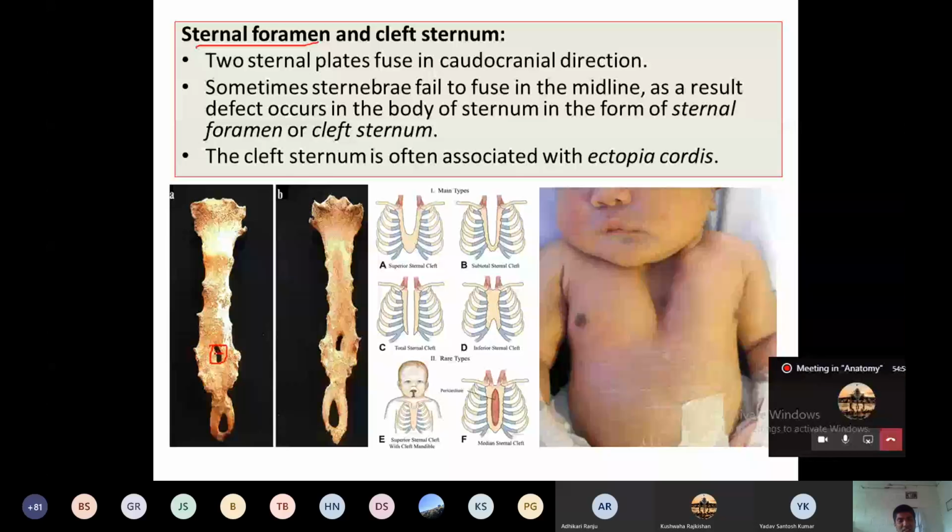And here also in the xiphoid process you can see a foramen because of the failure of fusion of the 2 plates, which I already told you. And this sternal foramen is sometimes associated with ectopia cordis. Ectopia cordis means the heart will come outside the chest wall in this condition. So this one is the sternal foramen.